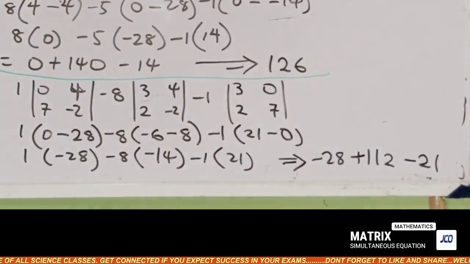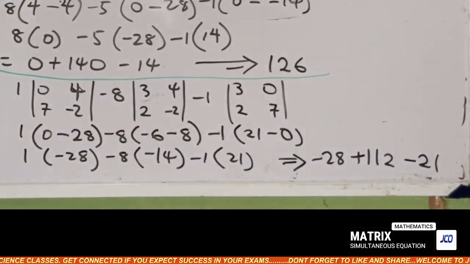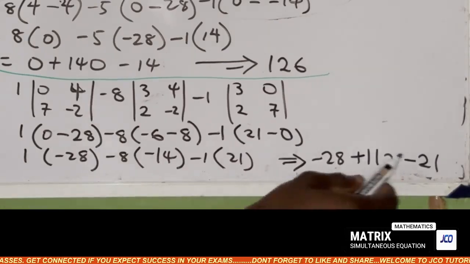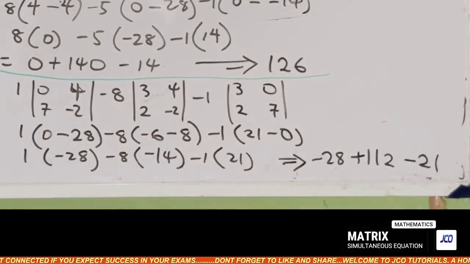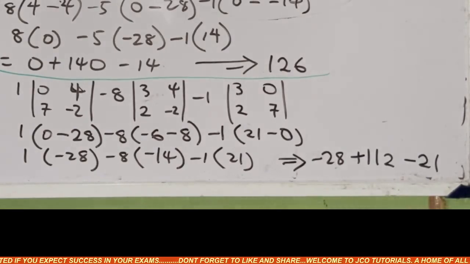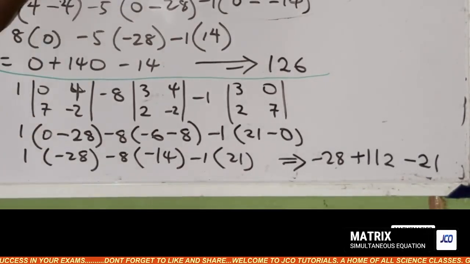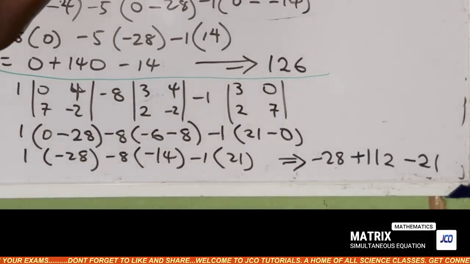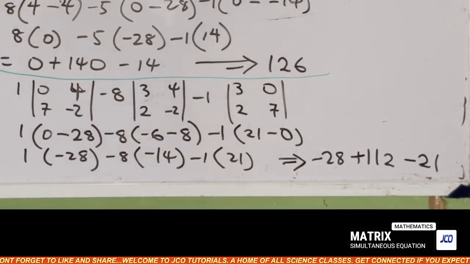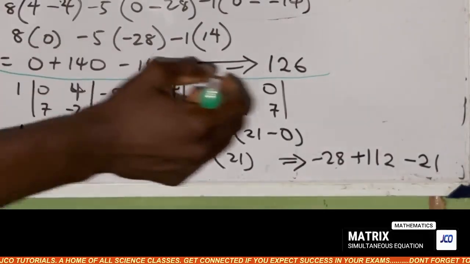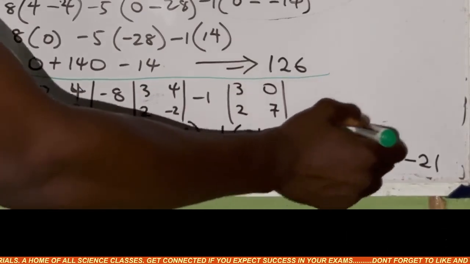Then we're going to add them now. This is minus 28 minus 21, that's minus 49. Subtract it from 112. That gives you 112 minus 49. Okay. 63 will be our answer here.